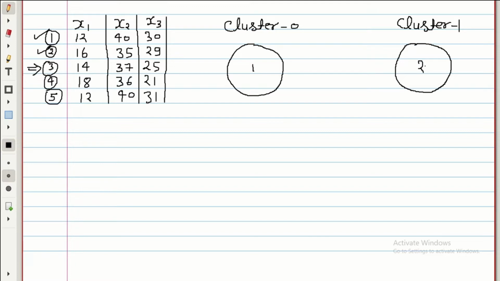You will calculate the Euclidean distance from instance number 1 and instance number 2, basically from the centers. So calculate D1,3, that means the distance between 1 and 3.